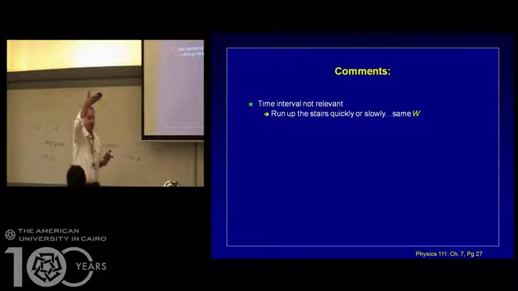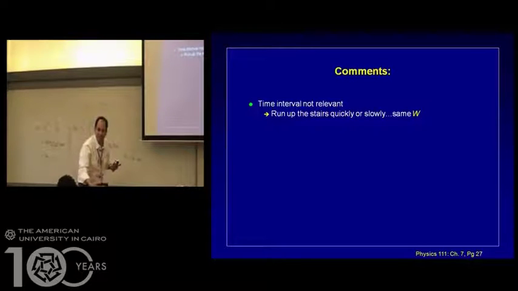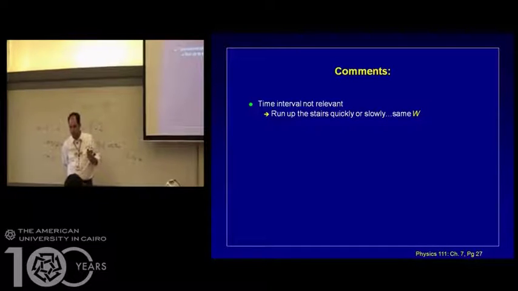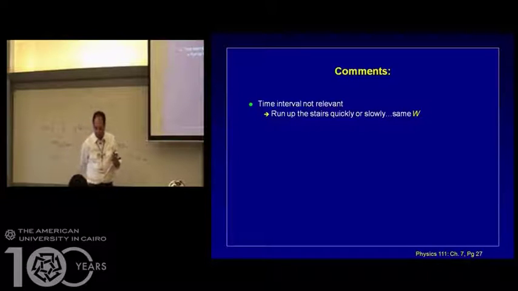When I let go of that object and it falls down, that potential energy is transformed into kinetic energy. Kinetic energy increases and the potential energy decreases until it reaches the ground. Now the potential energy is 0, and the kinetic energy just before it hits the ground is maximum.